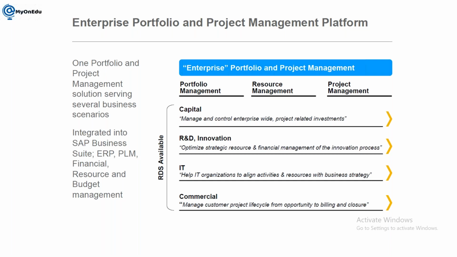In portfolio management, higher management will define the strategies and finalize their portfolios. Then it goes to the mid level, where the project manager has to take care of the project, and then to the associate level, where the individual person has to execute the transactions, like on the project system side. These are the different areas where it is best to implement capital, R&D, IT or commercial projects.